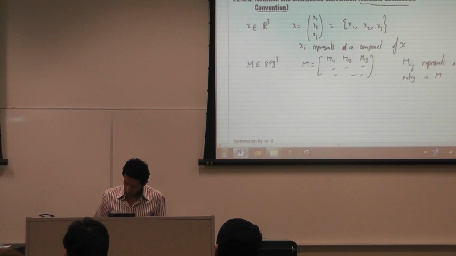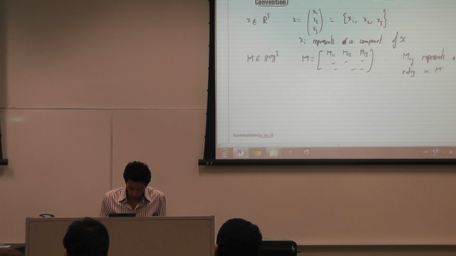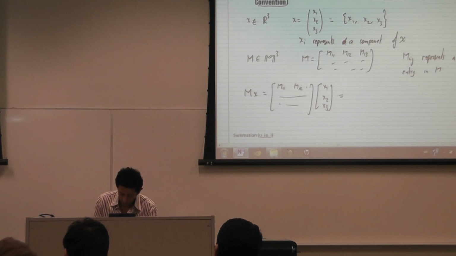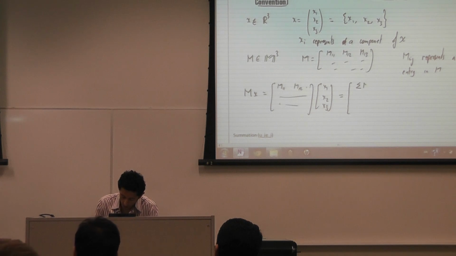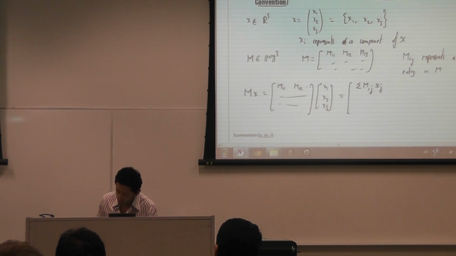So what happens when I multiply M by x? M by x is a vector. If this is M11, and so on, and this is x1, x2, x3, you will get the sum of m1j xj, where j is equal to 1 to 3.